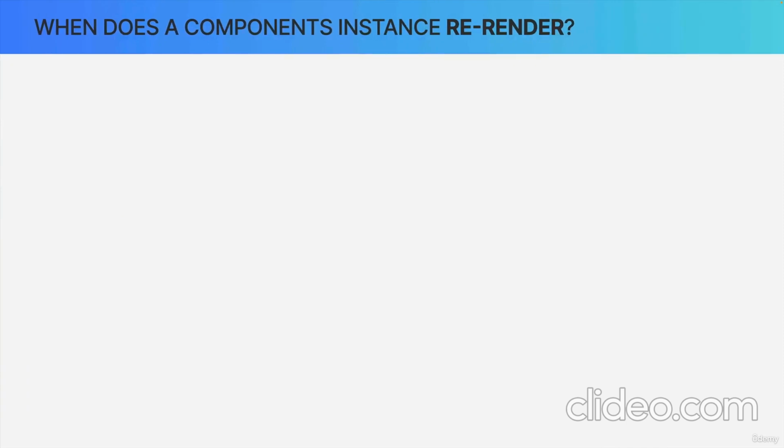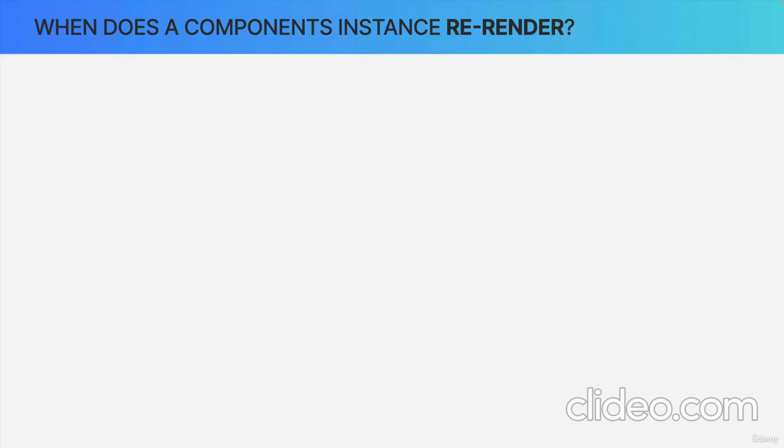Now, the first part of this section is going to be about optimizing wasted renders. However, to understand what wasted renders actually are, we first need to review when exactly a component instance gets re-rendered. So this will serve as a nice reminder of how rendering works in practice.